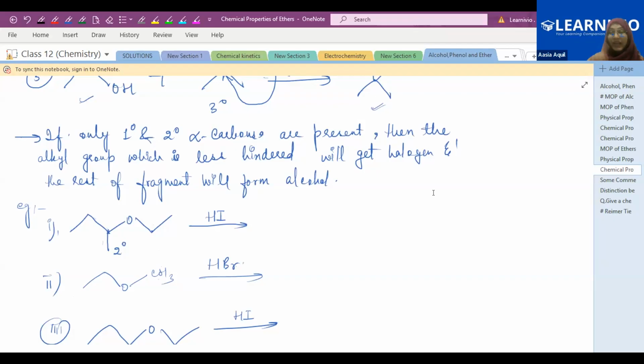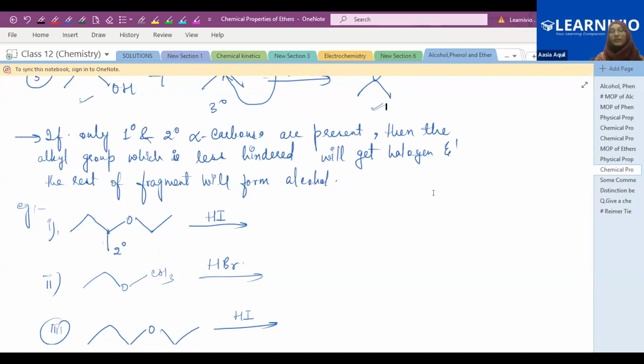If only primary and secondary alpha carbon is present in the ether, then you are supposed to choose the less hindered alpha carbon. The less hindered alpha carbon will get the halogen, meaning it will form the haloalkane, and the rest of the fragment will form the alcohol. Because at last you have to prepare the alcohol plus your haloalkane.